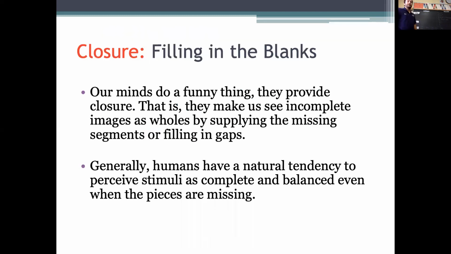All right, closure. So this is really the first law principle of Gestalt psychology I want to go over. Closure is just really filling in the blanks. So if we're presented an image, some view, maybe it's a poster, and it's missing some of the breaks, some of the lines, we can visualize in our mind and fill in the blanks, and focus our attention to understanding what the object should be, even though it might be broken apart.